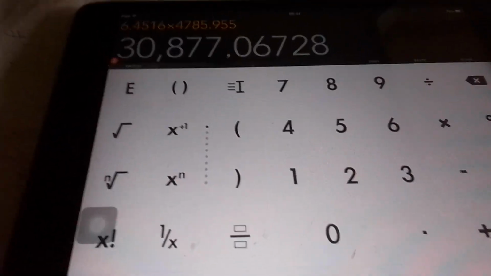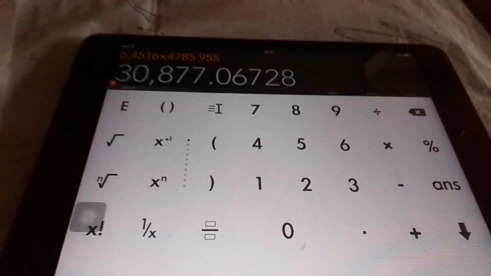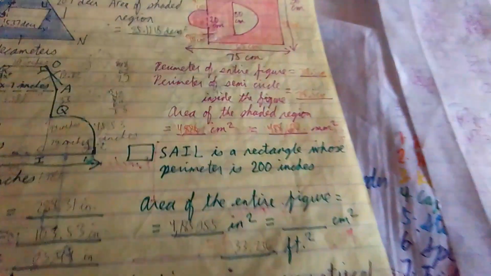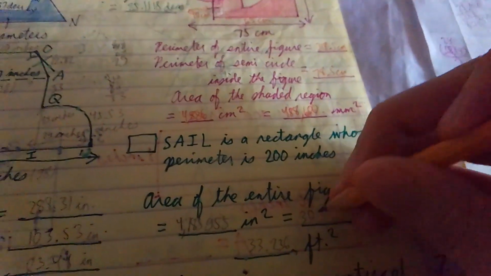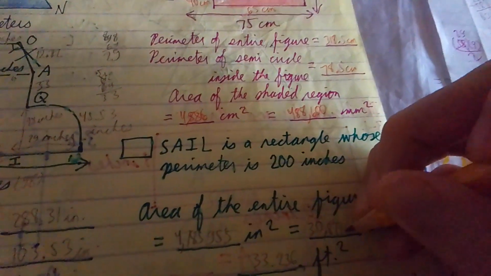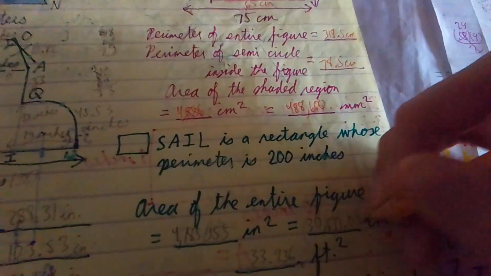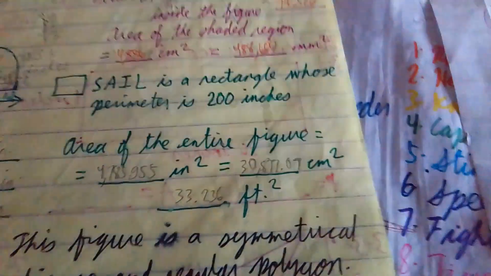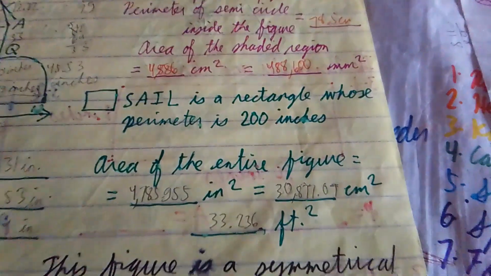And what's our answer? Whoa! 30,877.07 square centimeters. That's a lot.